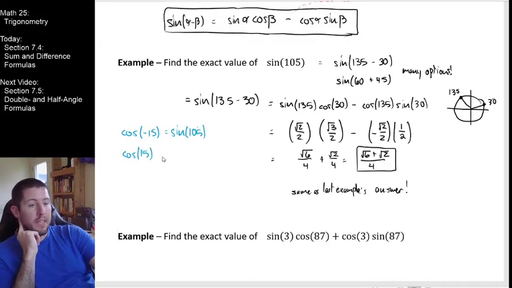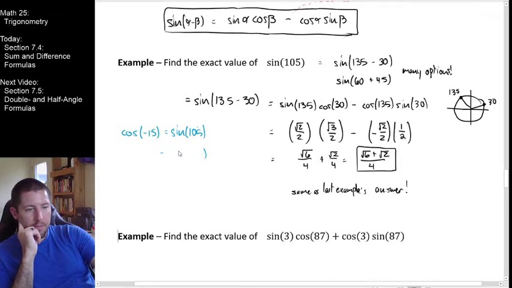This should be the same thing as cosine of positive 15. And I know that I can swap this guy out for... actually, you know what? I'm going to leave it. I'm not going to write that like that.